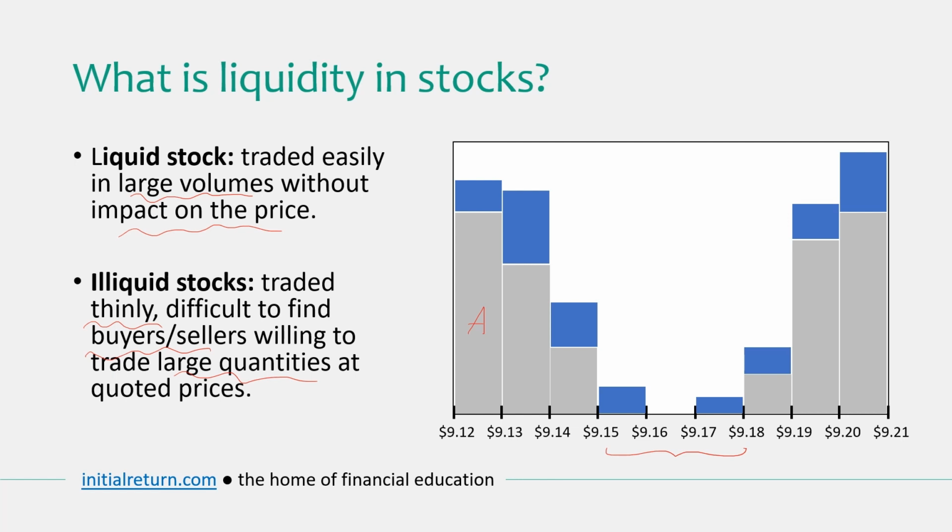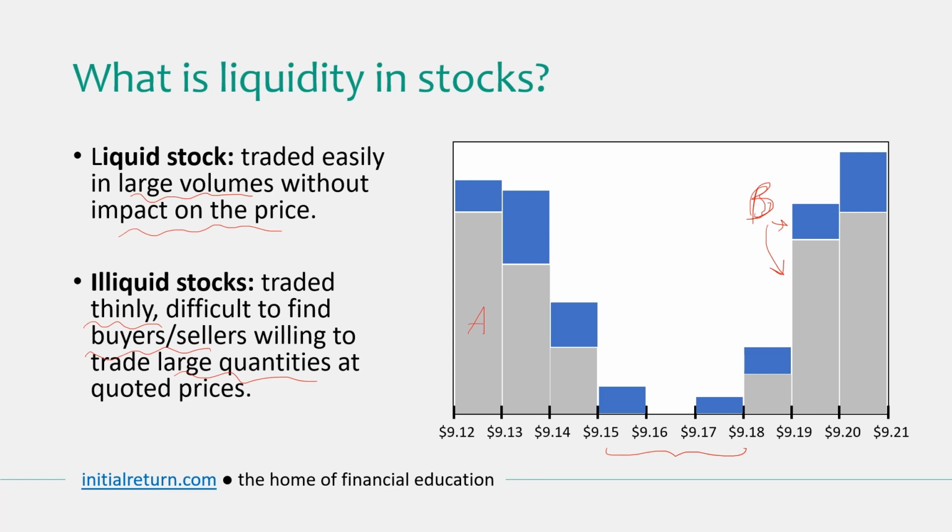And let's assume there's another stock B, and the order book for B is essentially the sum of gray bars and the blue bars. So for B, I couldn't do it very nicely, but this is B. It's blue bars plus the gray bars. So what's the difference between B and A?